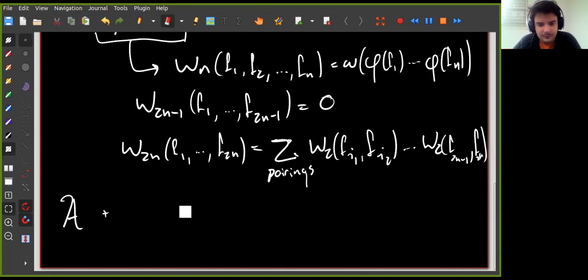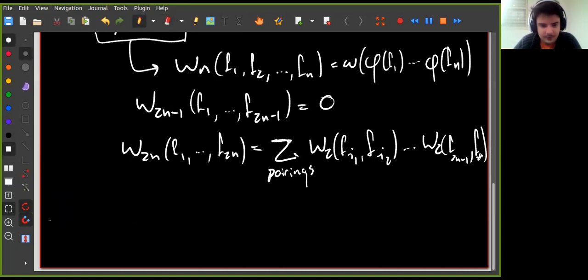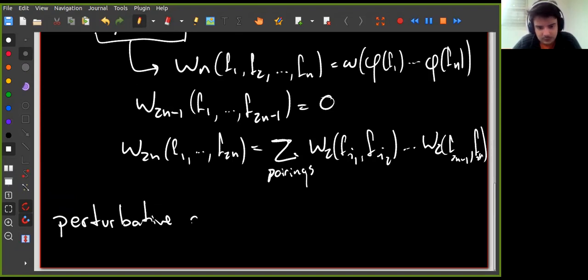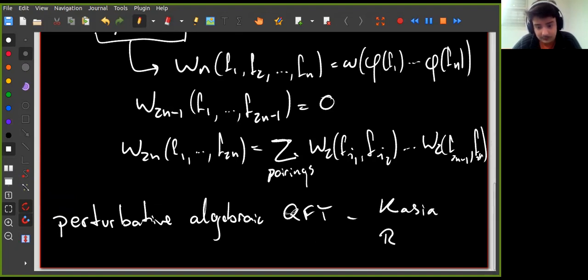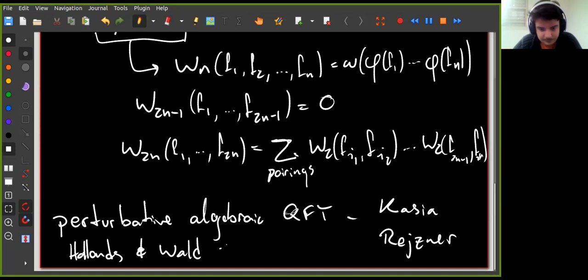In case you're interested in how these things work, what I recommend is the book by Kasher and Eisner, Perturbative Algebraic QFT. It is fairly mathematical. There's also the 2015 paper by Hollands and Wald, which is a nice review.